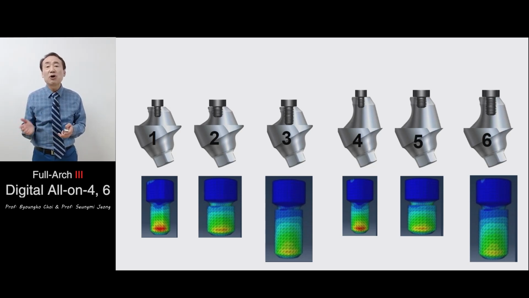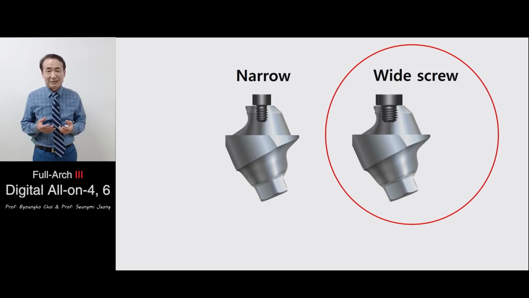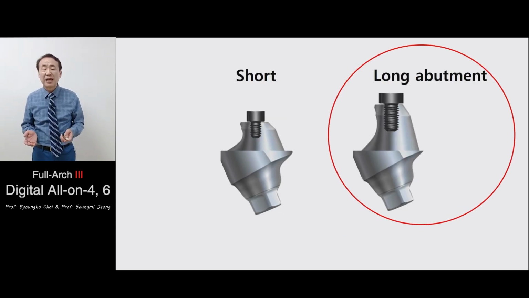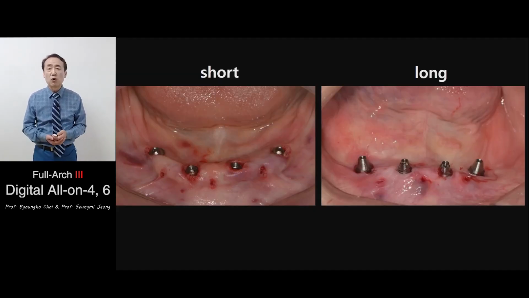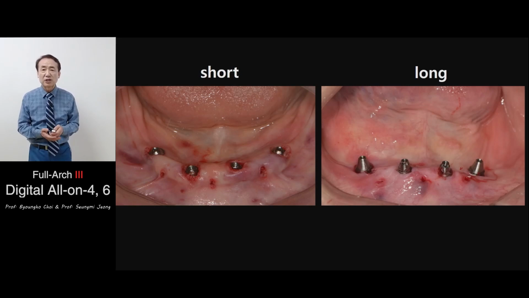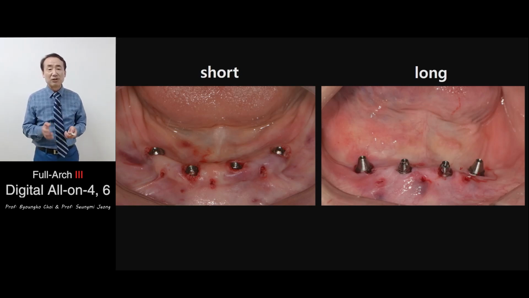The higher the abutment was, the less the stress was. Therefore, we would like to recommend using wider screws and longer abutments to reduce the stress on the screw, to prevent screw loosening or screw fracture. You can see here a long and a short abutment in the mouth.